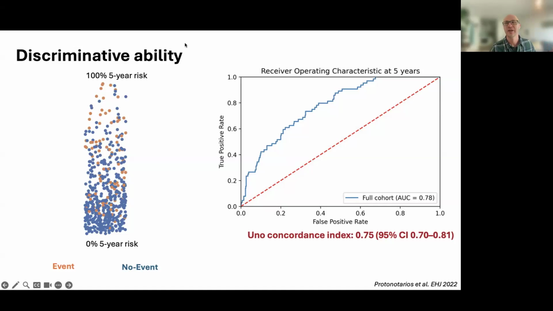So, for example, in this example that Alex presented, if I had a model with only age and sex, even if I had all the data in the world, that wouldn't be enough for me to discriminate well.